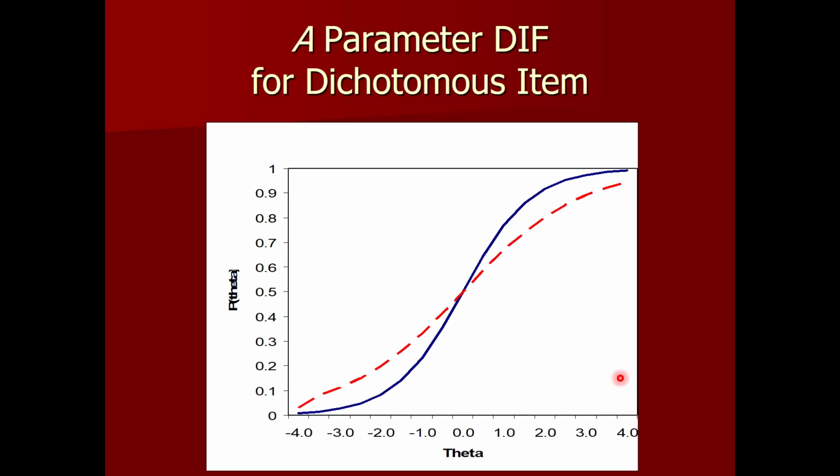Non-uniform DIF, however, can happen when you have differences in the A parameter. It doesn't have to happen, but it can. So here, this is non-uniform DIF, the term given to what we already looked at, where it's better to be in the red group if you're down in this area of theta, but if you're over in this area of theta, it's better to be in the blue group. So it's non-uniform. The nature of the DIF varies by theta, depending on where you are on theta.